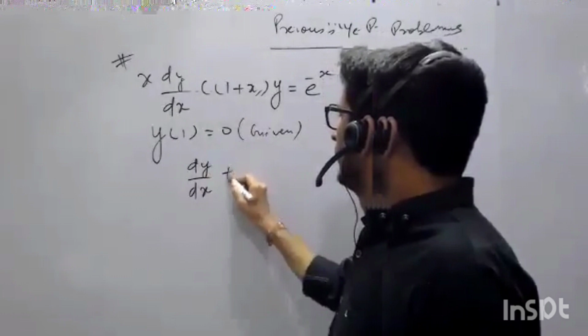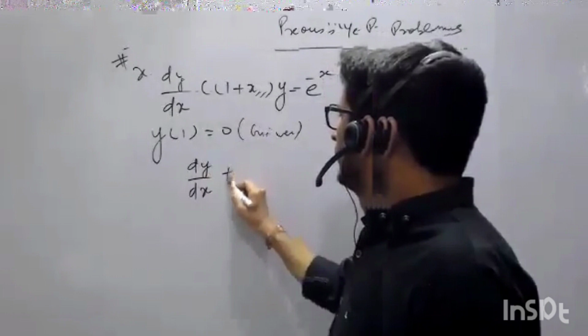So the value of y is 0. So 0 is equal to 1 plus c. So c is equal to minus 1. So y will become x minus 1 upon x into e to the power minus x. This is the solution.